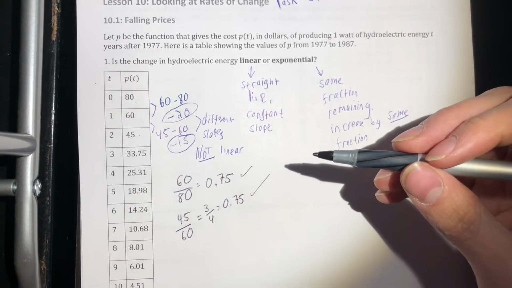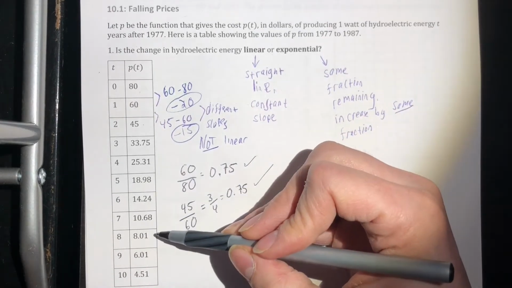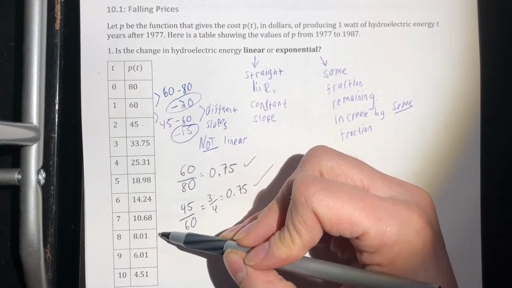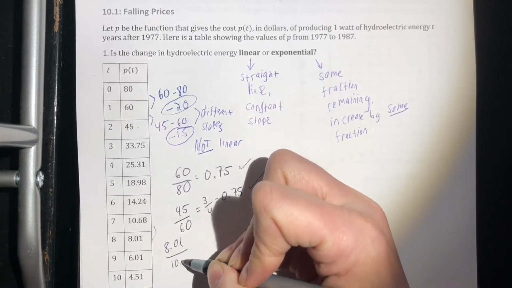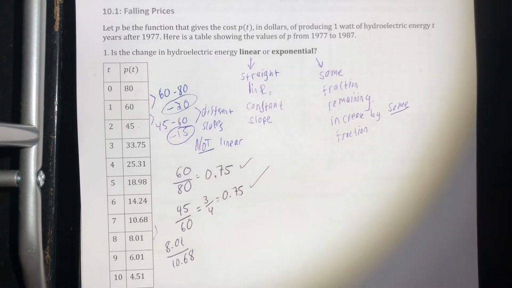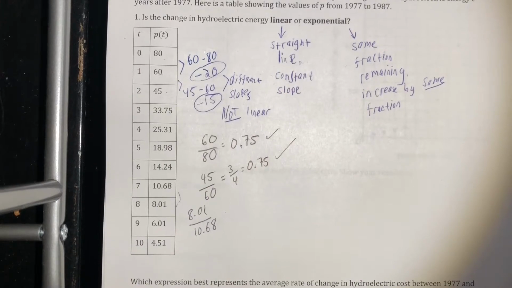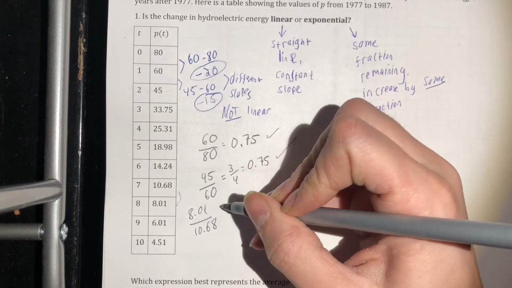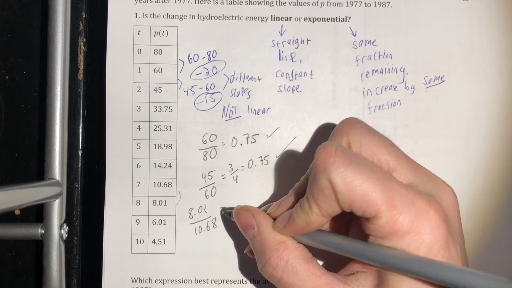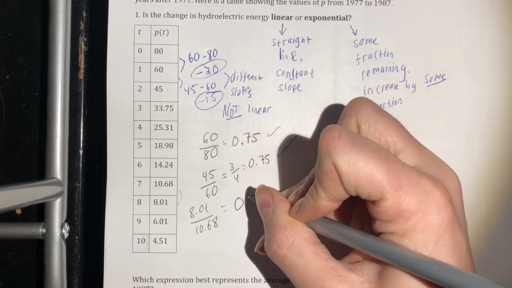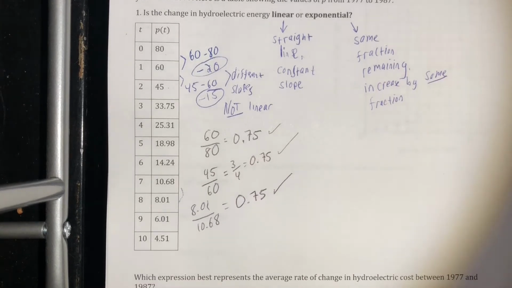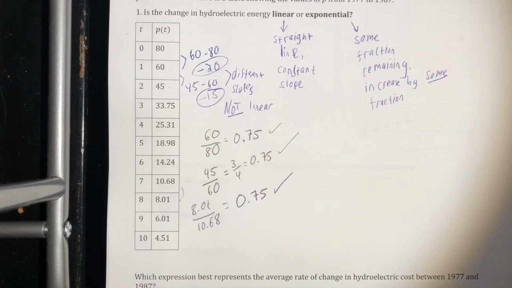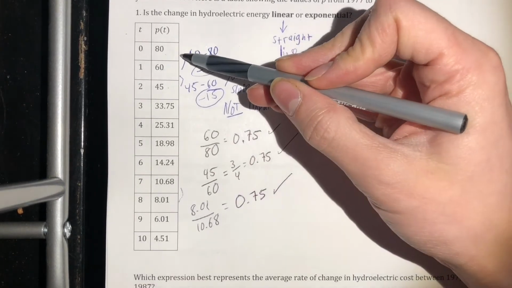So if I were to figure out down here, I could do 8.01 over 10.68. And if I divide 8.01 by 10.68, I will get exactly 0.75 on my calculator.